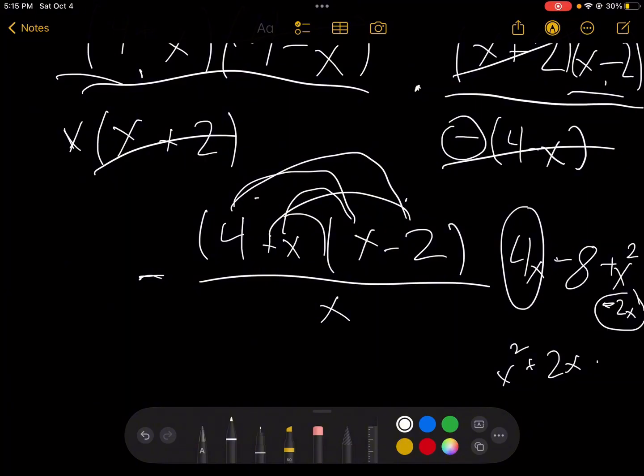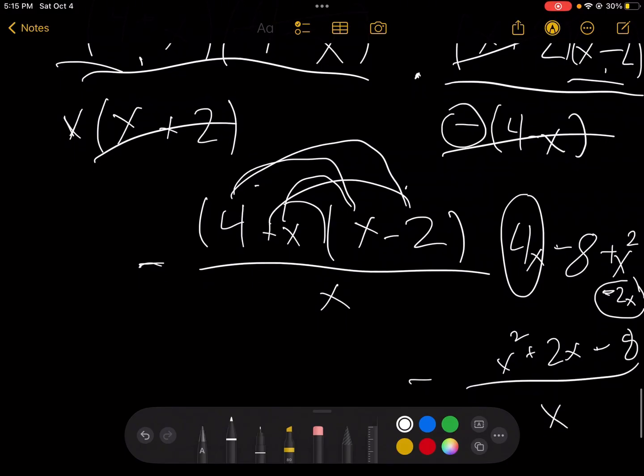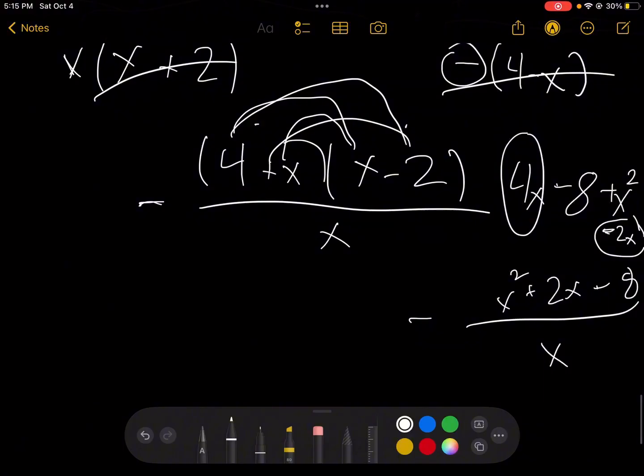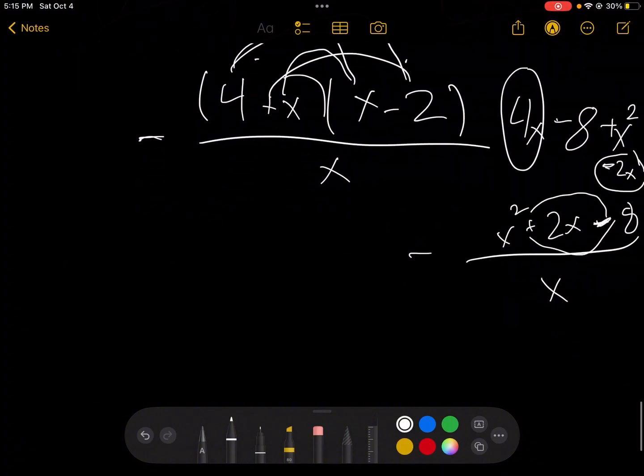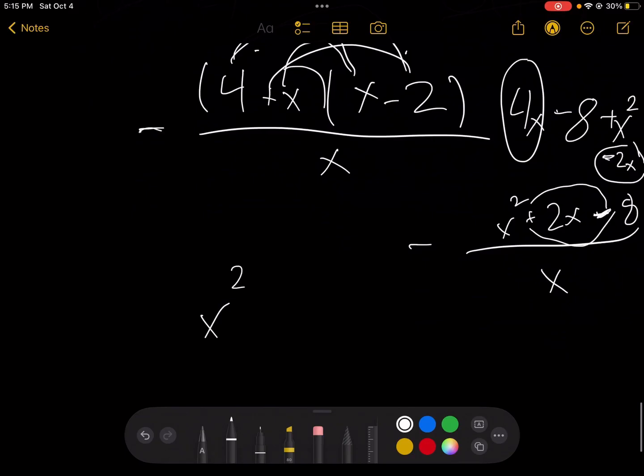Anyways, 8. And then over x, since there's still a minus sign. Because of that minus sign, you multiply it by the thing. So you just flip these two, it would become the final answer, x squared.